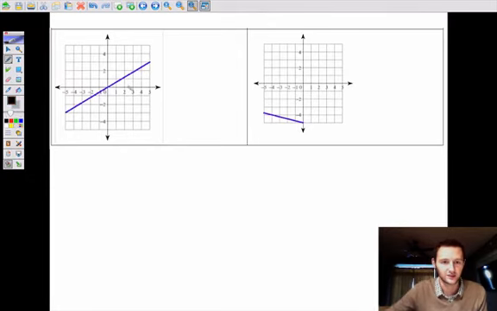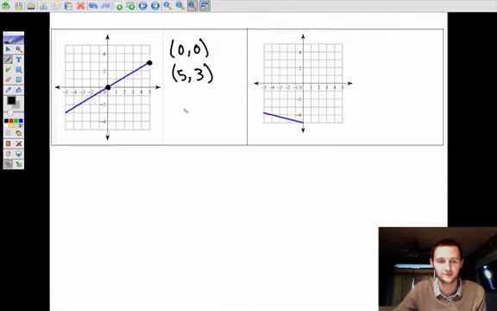In the next example, I'm going to pick the y-intercept right there. And it looks like the line goes nicely through that point there. So I've got (0, 0) and (5, 3).